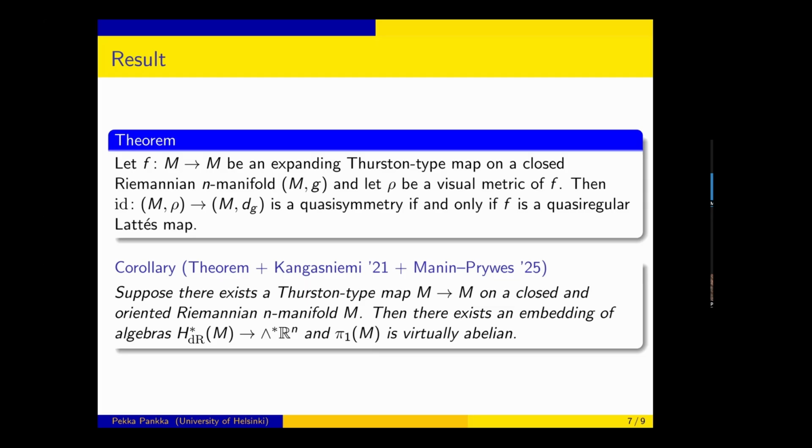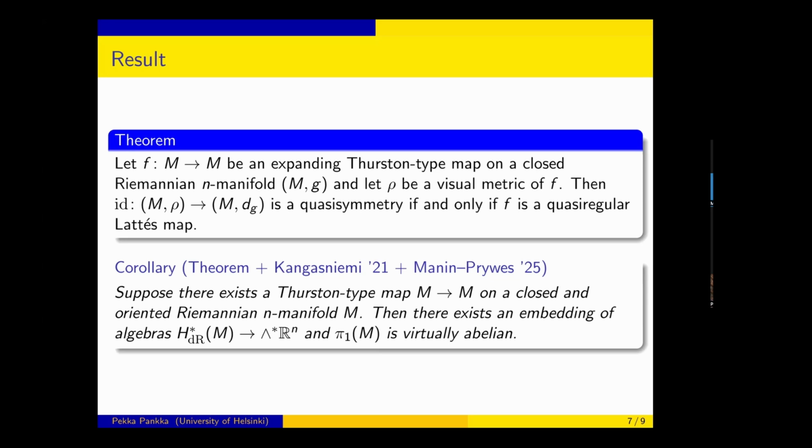So we know that there are manifolds, we know that the dynamics is now a lattice type dynamics, but we don't have precise classifications. Sorry for messing up the statement of the corollary. It should really say that you have the Thurston-type map and you can uniformize the visual metric. Then you have these other properties.